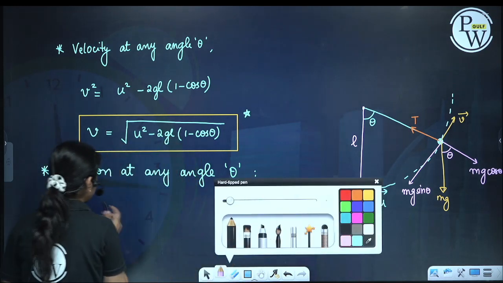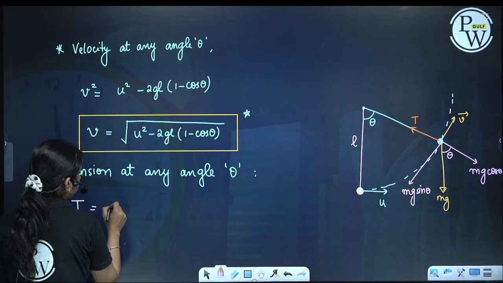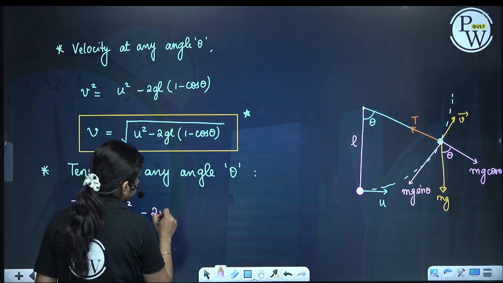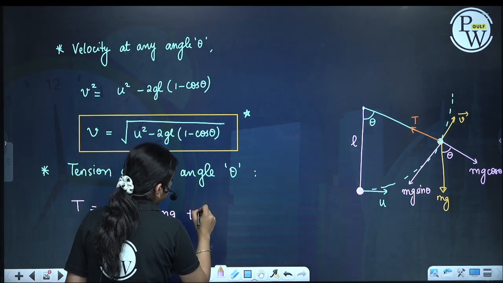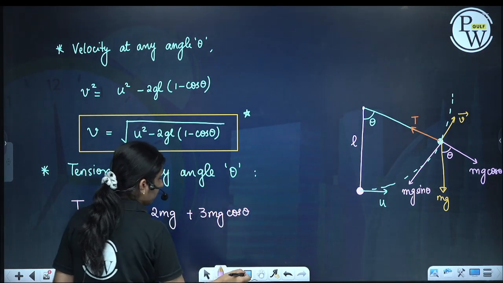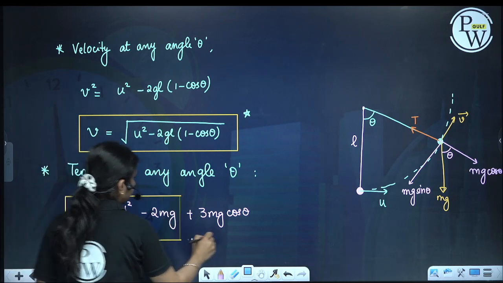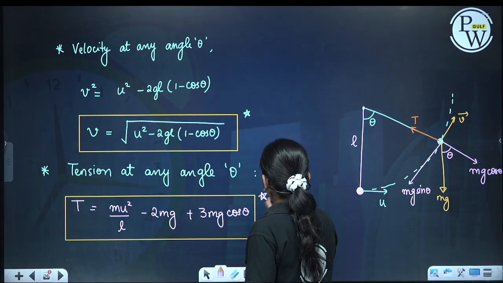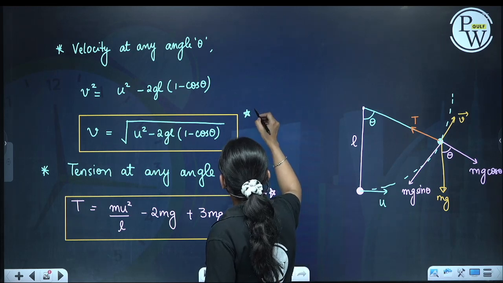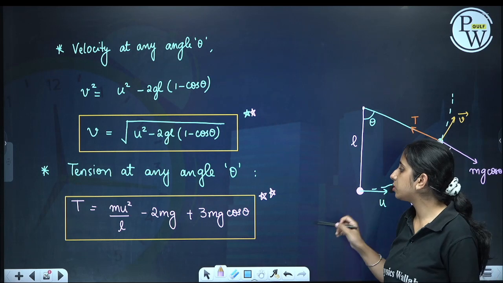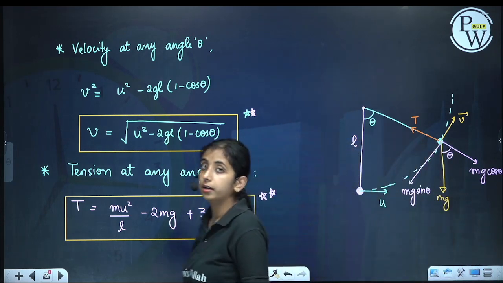It will be mu square by L minus 2 mg plus 3 mg cos theta. This will be my tension at any angle theta.